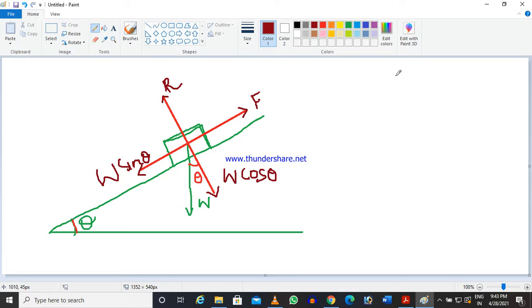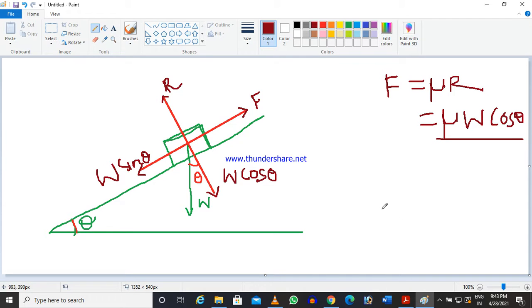So what should be the value of f? We learned it is mu r. Here r is equal to w cos theta, so that is mu w cos theta. So this is the frictional force.